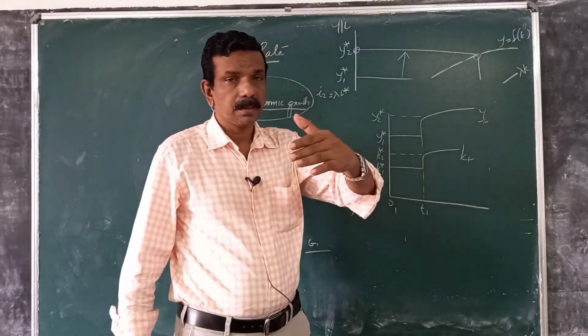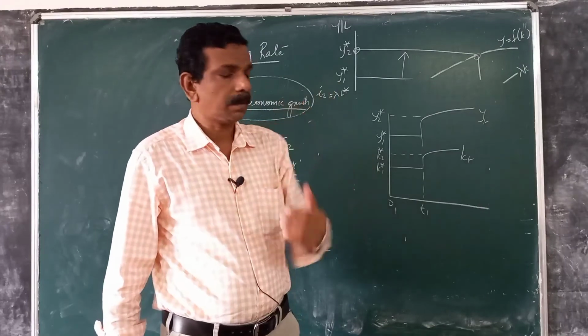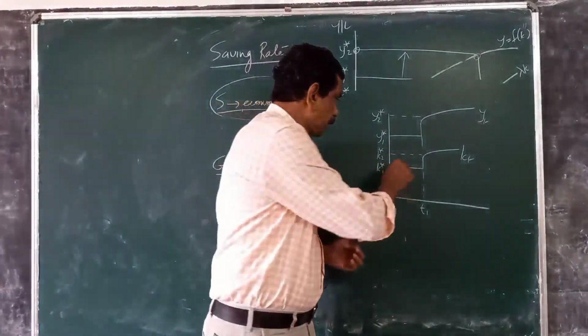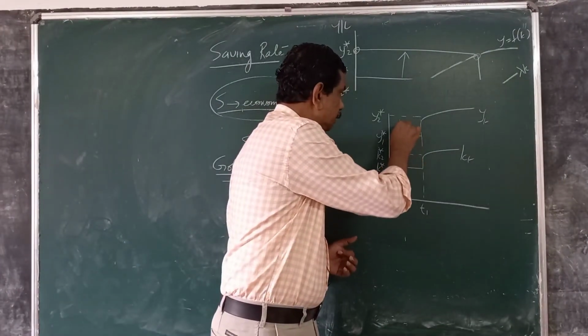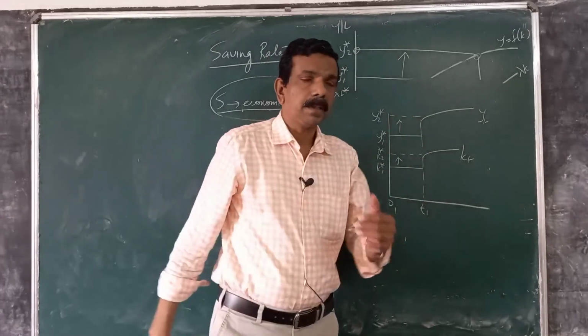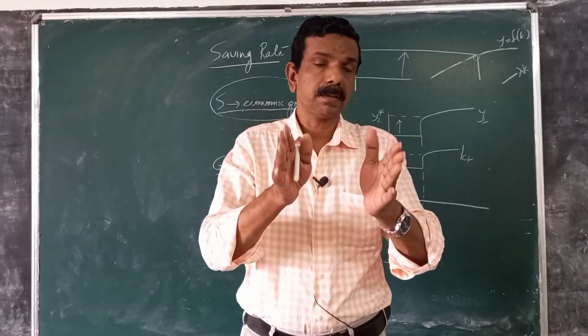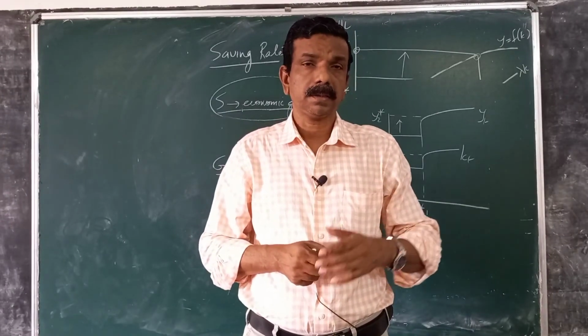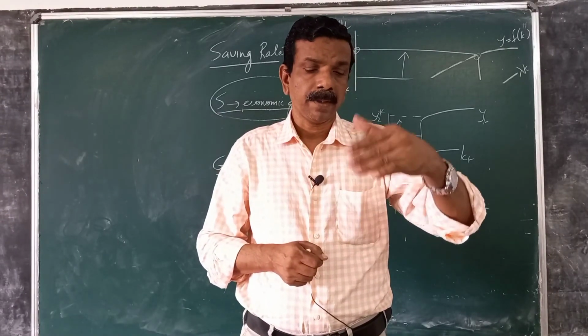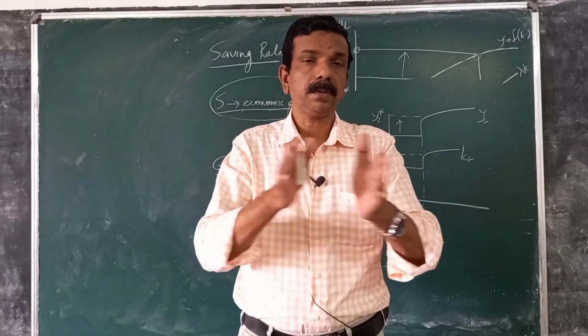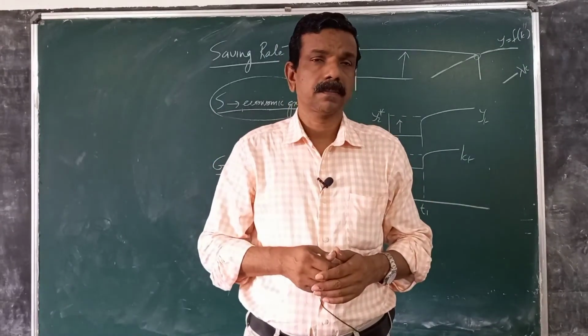So it has only a level effect. There will be an increase in capital per head and hence output per head, but only temporarily. And this is a basic result of the Solow model. That is, the saving rate has only a level effect and no growth effect.